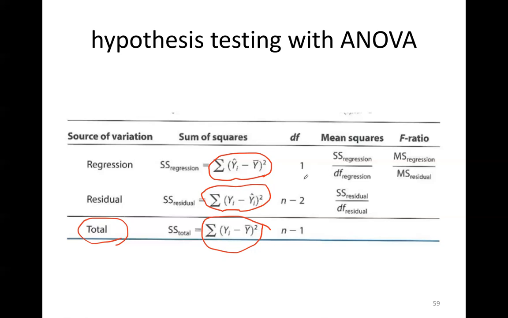The degrees of freedom of these two components are 1 and n minus 2. And we can thus calculate the mean squares, and the F ratio is the MS residual, what we had already calculated, and the MS of regression is just this difference.